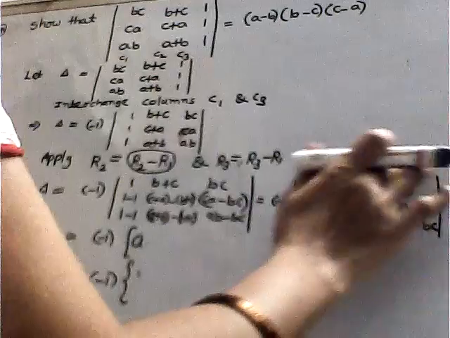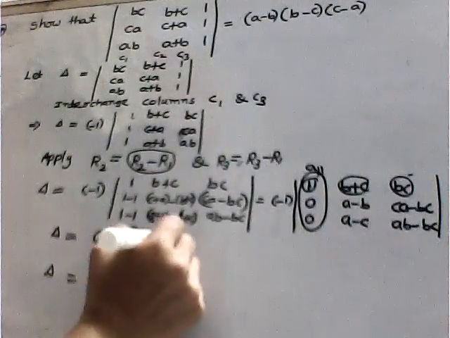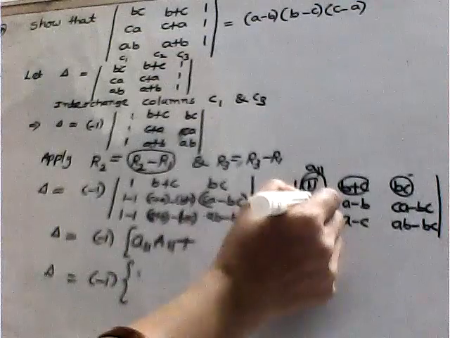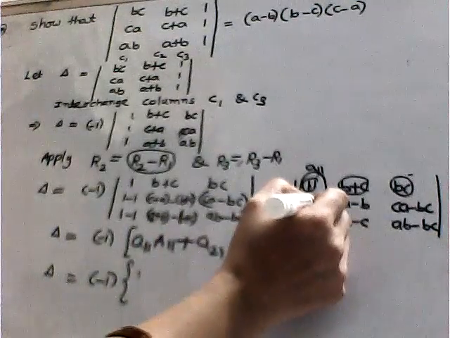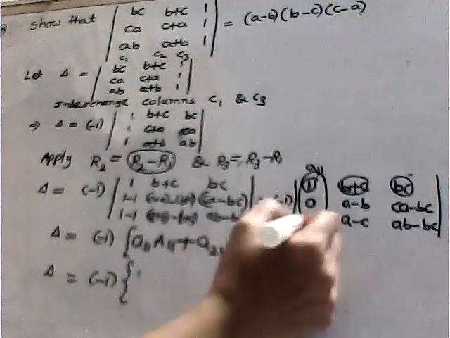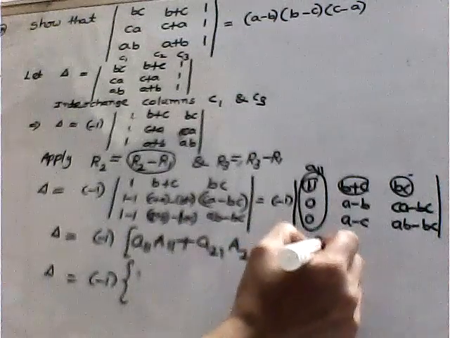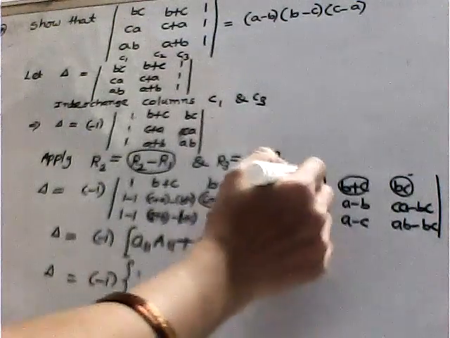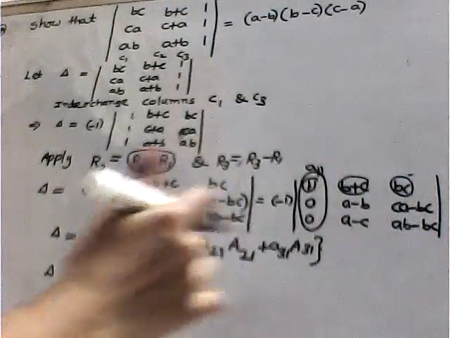The formula is A11 into capital A11, plus A21 into capital A21, plus A31 into capital A31. According to this formula, first A11 into minus 1 whole to the power of 1 plus 1, since this element is in the first row and first column.